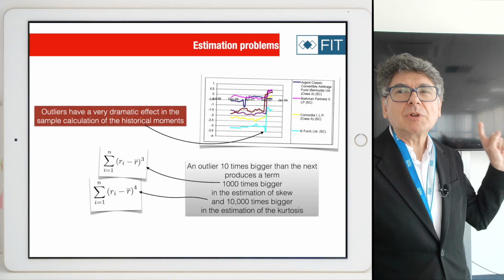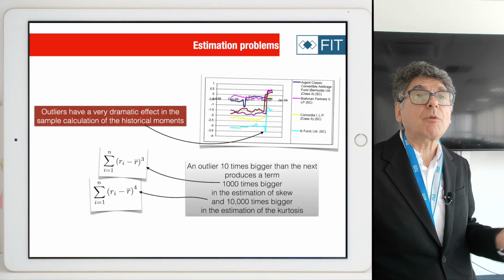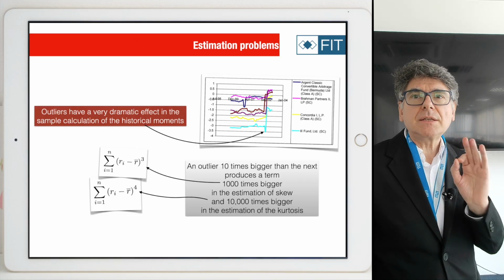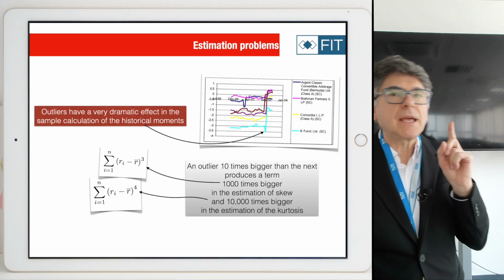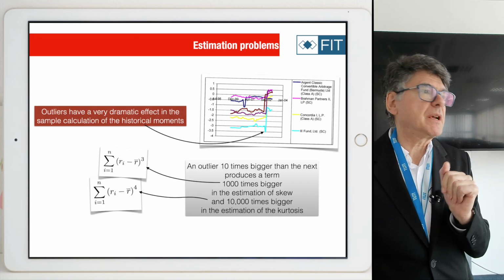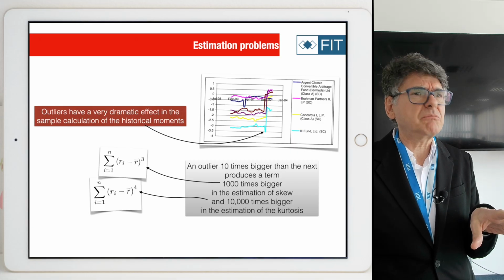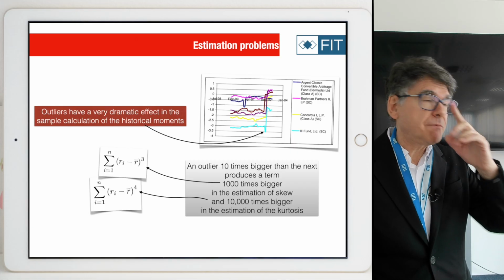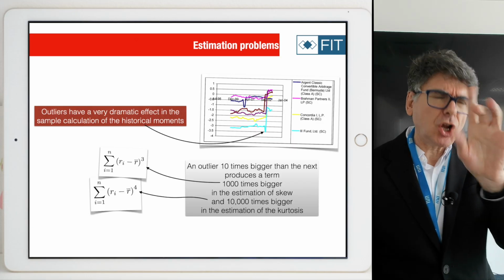But note what happens if I have a sum of something to the power 3 and a sum of something to the power 4. I'll give you a very simple calculation. Let's say that I have one outlier which is 10 times bigger than the rest. This is not unheard of. Let's just think computationally.